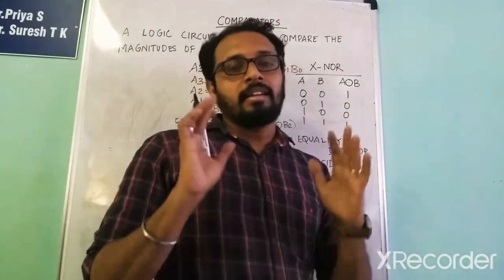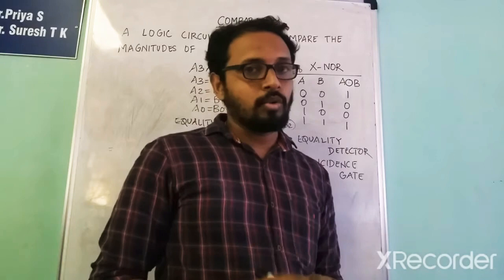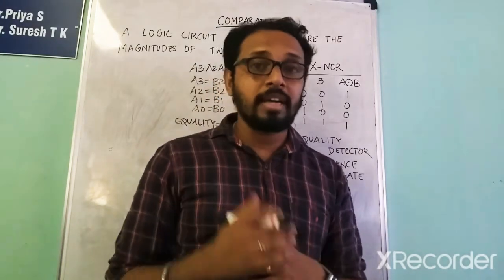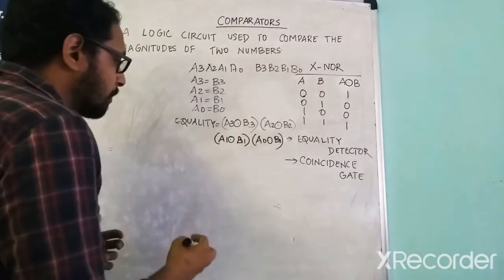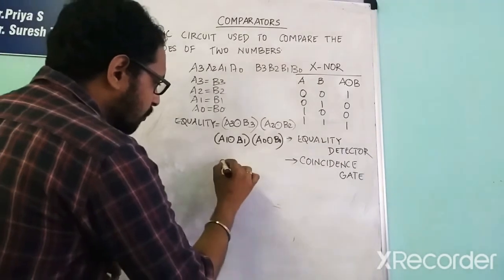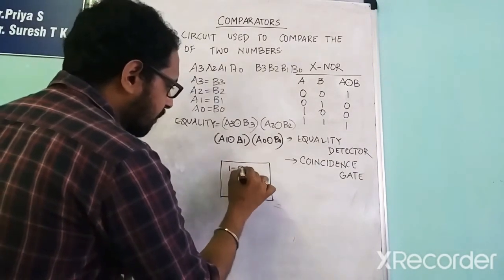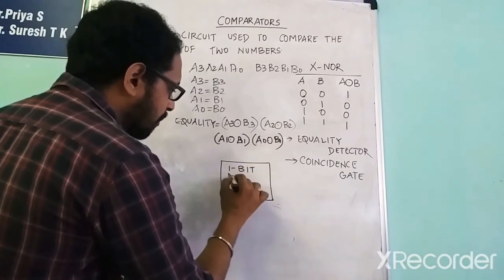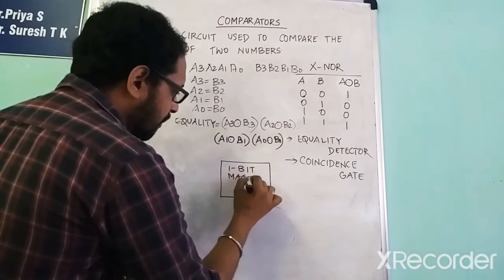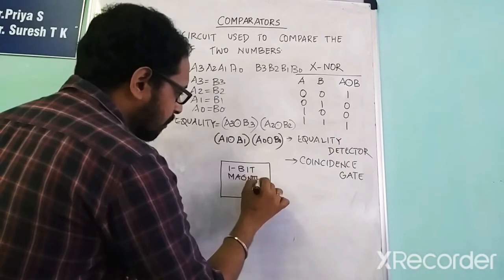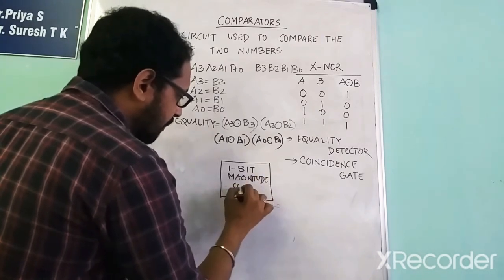If someone asks you how to represent the block diagram of a 1-bit magnitude comparator, just draw a box and write 1-bit magnitude comparator.